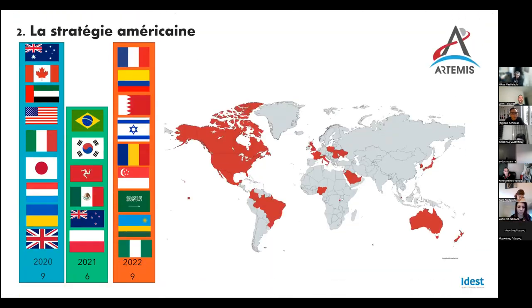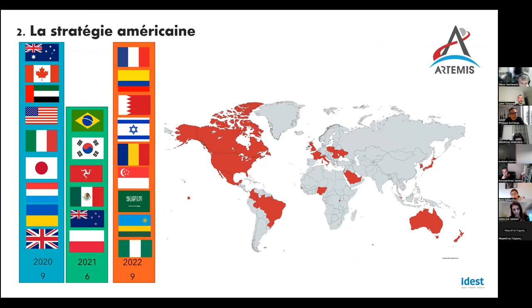And you see here the list of the countries that have signed the Artemis Accords. Here maybe you have a better overview. And some of these countries are very important because they are countries that are very active in the debates at the United Nations.